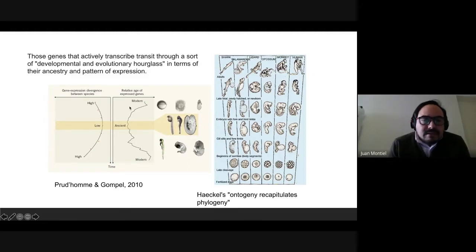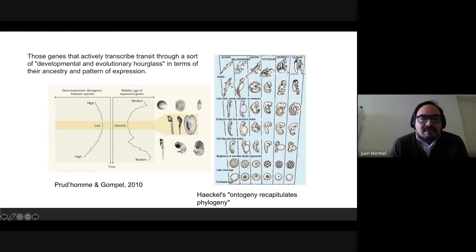So if we analyze the gene expression between species, we can see that at the early stages of development, when, for example, gastrulation is happening, we have a very high divergence in gene expression, and those genes that are expressed are more modern genes.